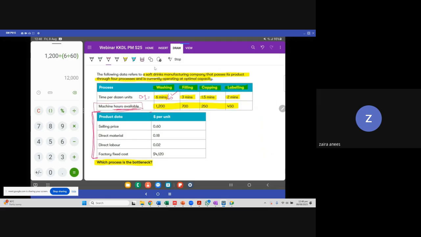So this will be 12,000, right? 700 divided by 3 by 60 is 14,000. 250 divided by 1.5 divided by 60 is 10,000. And in labeling, it's 13,500.